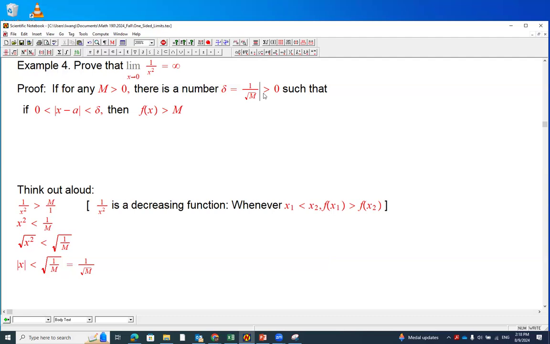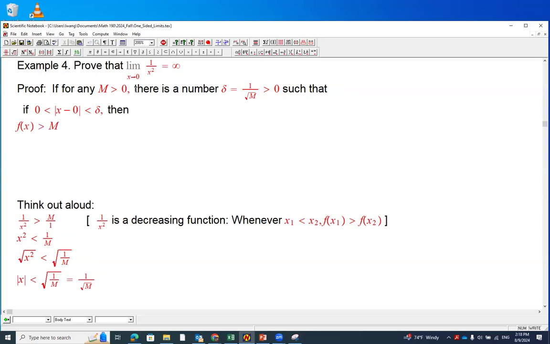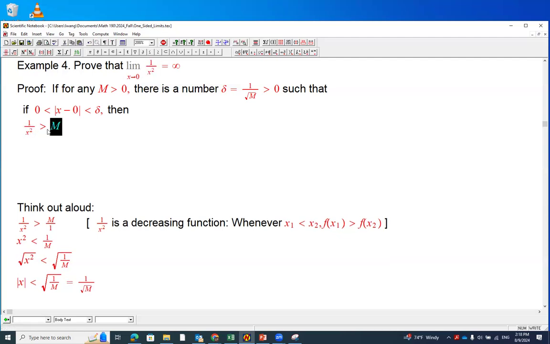Okay, so we got our delta, such that if X minus 0, which is the absolute value of X, is less than delta, then we need to demonstrate f of X is greater than M. So f of X is 1 over X squared. We don't have this yet, so we have to demonstrate it.